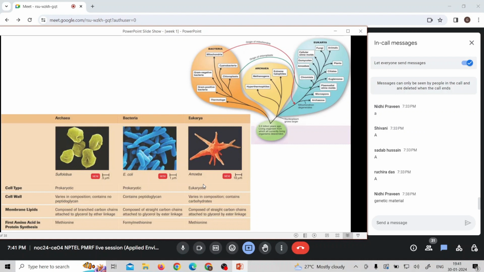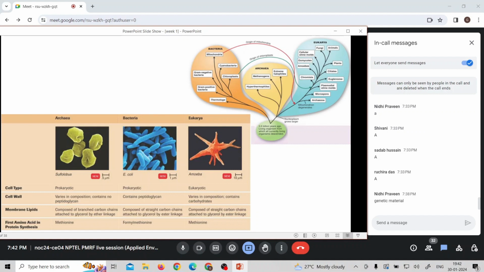So this protein synthesis, I hope you have all come across the central dogma. What is the step of protein synthesis in any organism called? Translation, right.